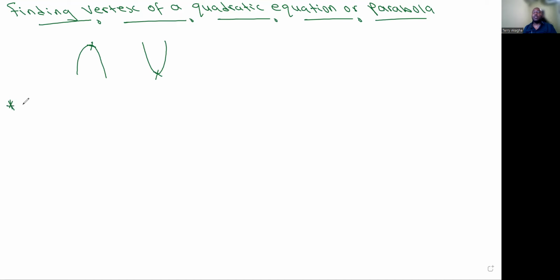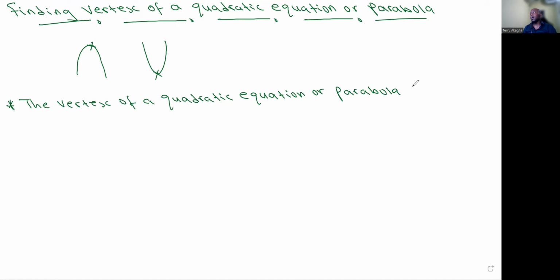I'm aware that some people use this to take notes, so I'm going to write it down. The vertex of a quadratic equation or parabola is the highest or lowest point of that equation.